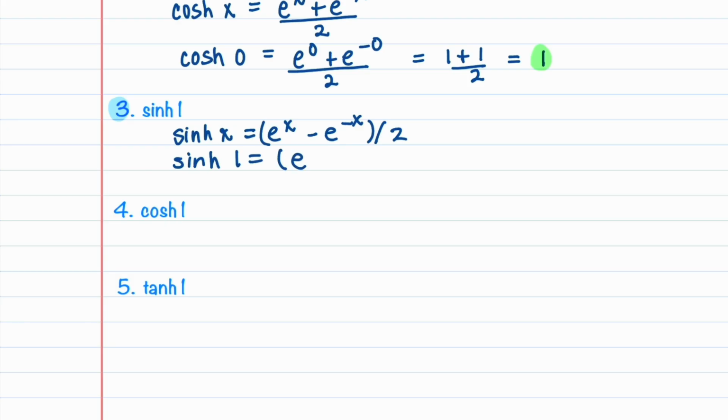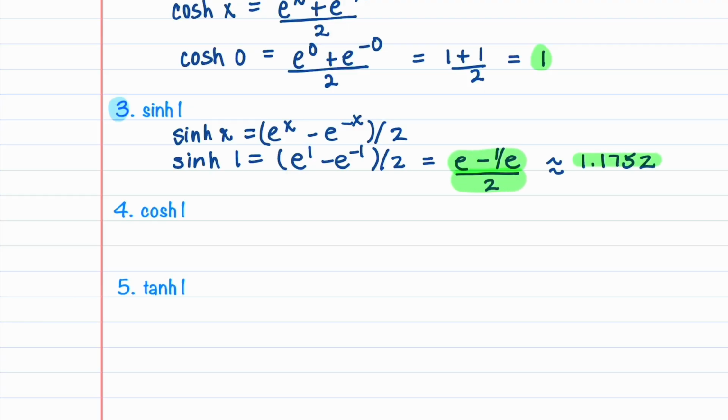So we get e to the 1 minus e to the minus 1 over 2. This is just equal to e minus 1 over e, all divided by 2. And when you put that in your calculator, you get a value of 1.1752. This is the exact answer, and then this is the approximate answer.